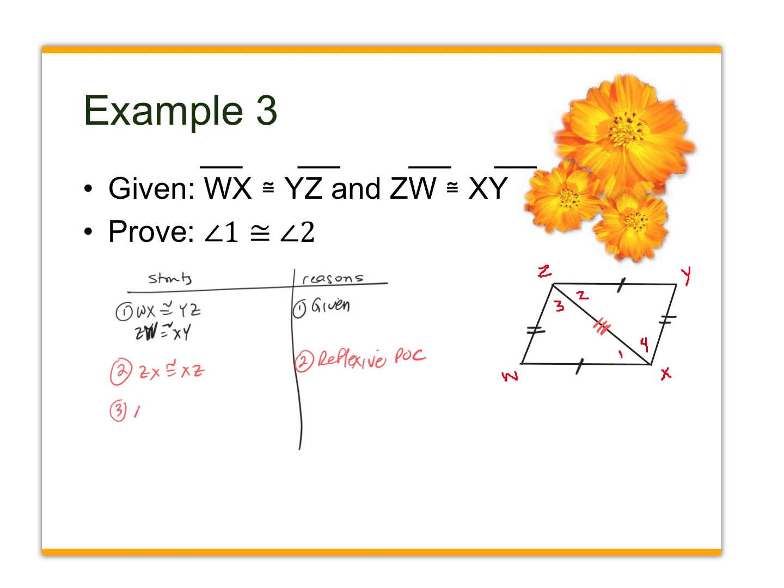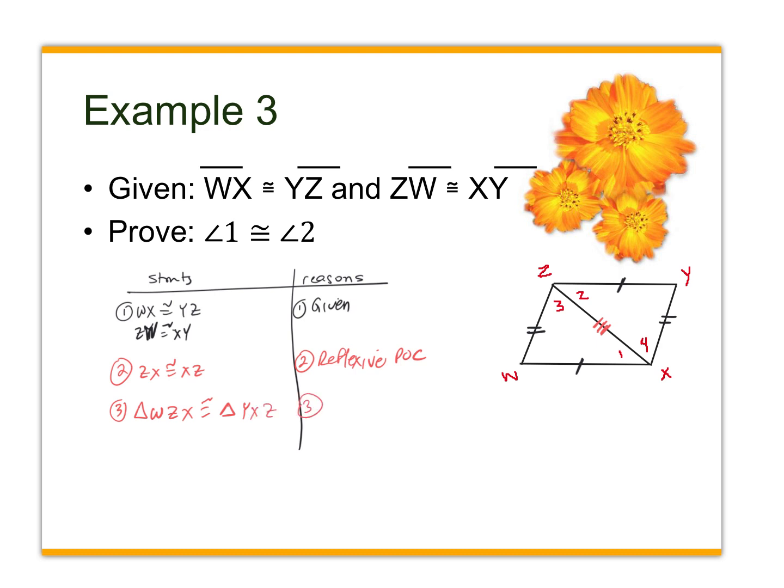So now if you notice, I've got 3 sides of my triangles. So I know that my triangles, W goes with Y, so let's do triangle WZX is congruent to triangle YXZ.